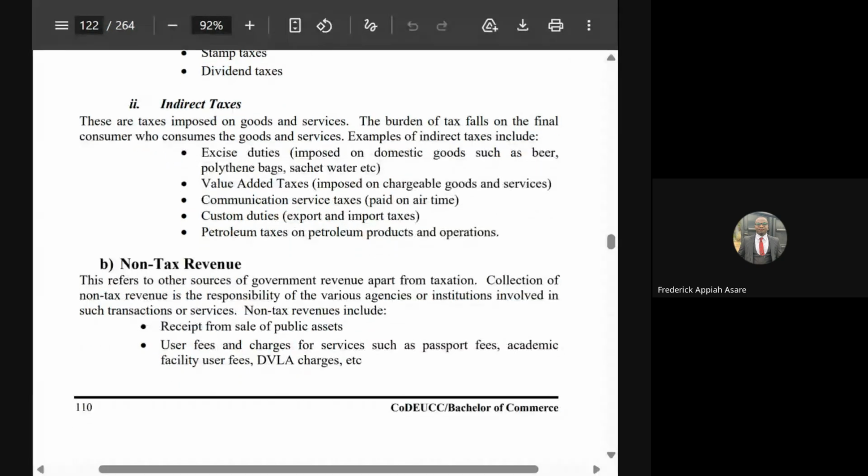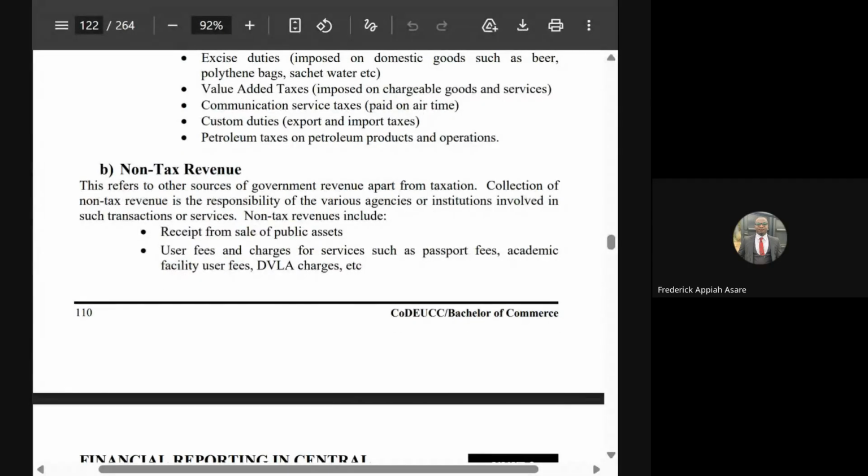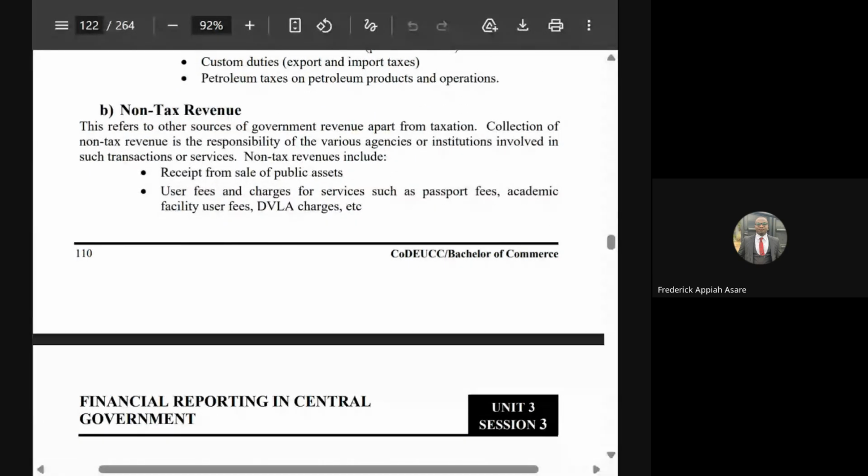From there, we have non-tax revenue. The non-tax revenue includes the receipts from the sale of public assets.